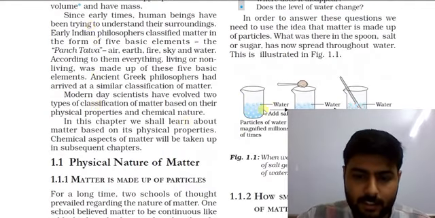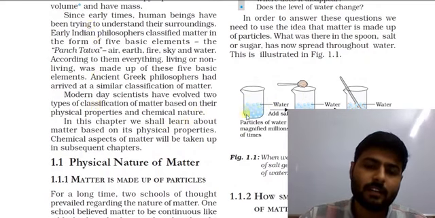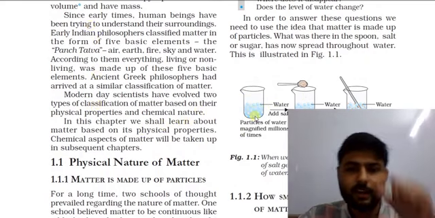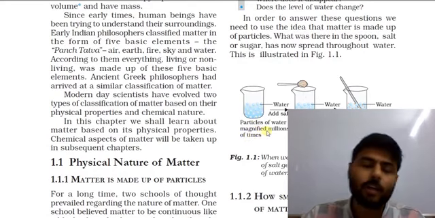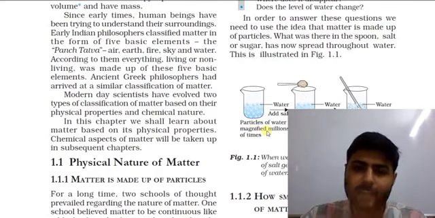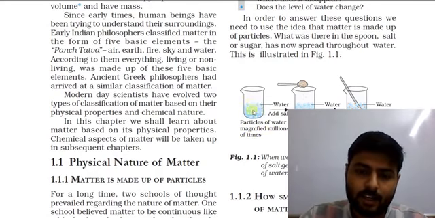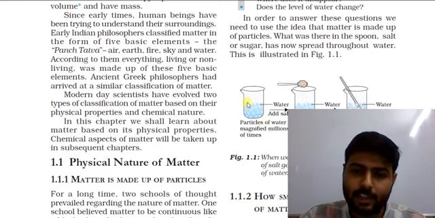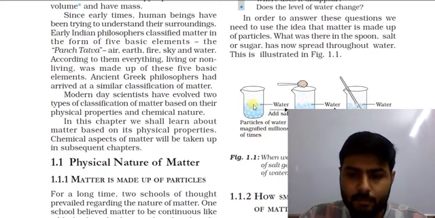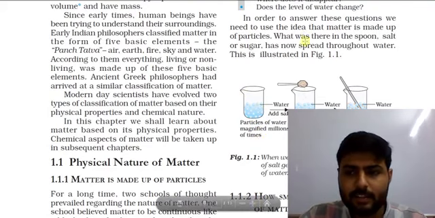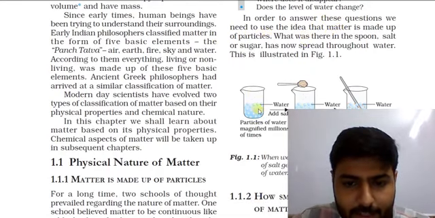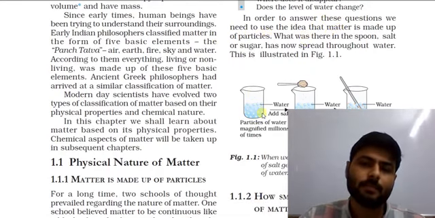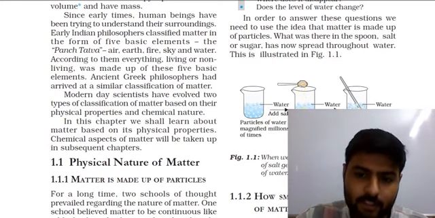the water particles in the beaker. For our understanding, we have drawn these water particles on a much larger scale, magnified millions of times. We cannot see water particles with our naked eye, but for understanding, we draw them here. You can see there is a space between water particles. Now we add salt in this water and stir it.